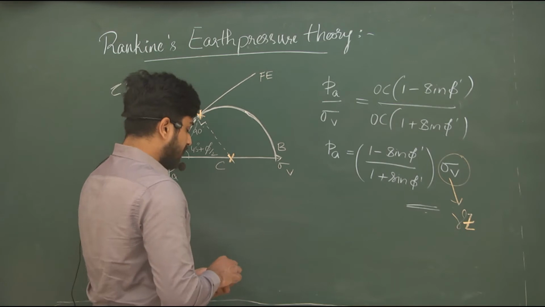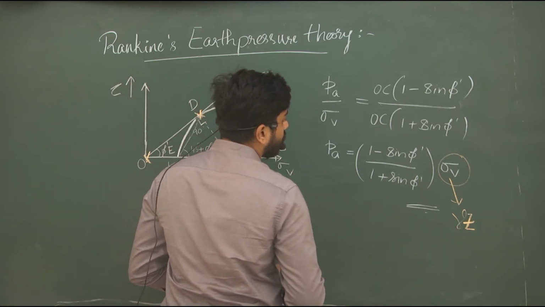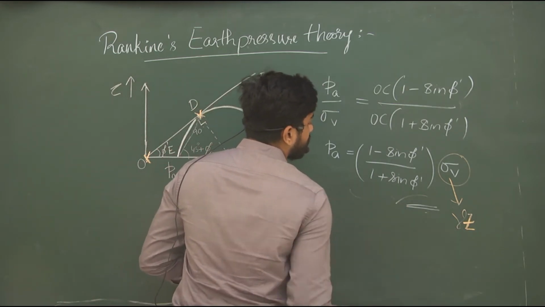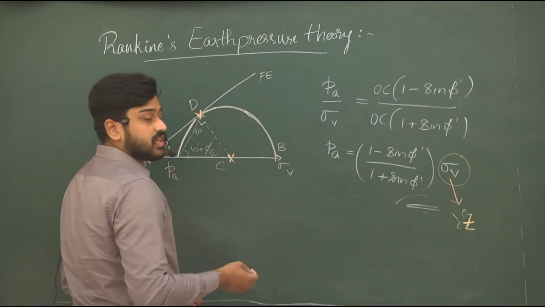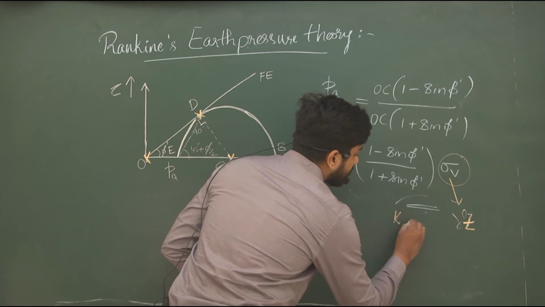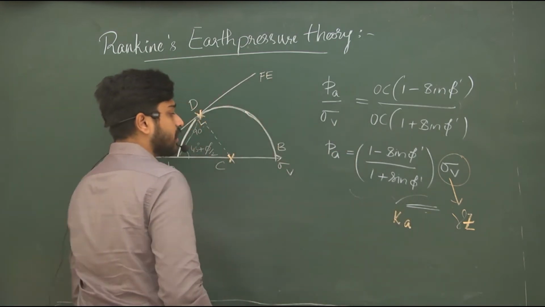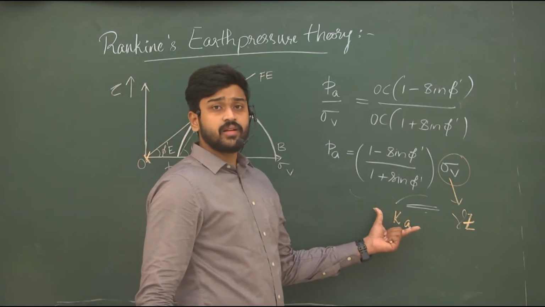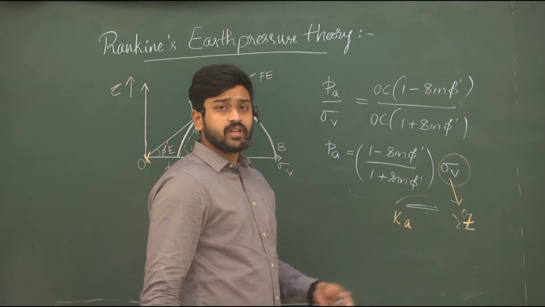Okay, if you look at this particular term now, since it is active earth pressure, and since this is some constant, I can write down this as Ka, where Ka is the lateral active earth pressure constant.